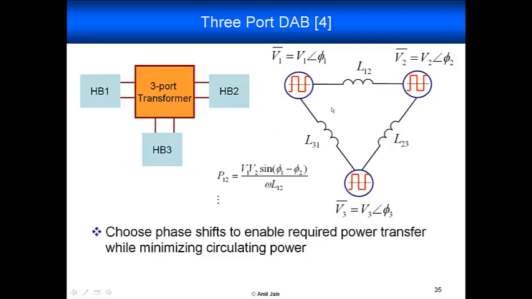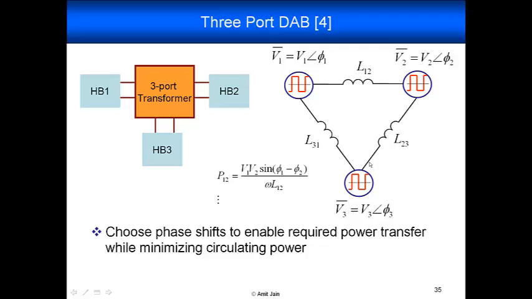Now the power flow in this system can be analyzed using just fundamental component analysis, and the challenge here is that we want to minimize circulating power flow. So if we want to transfer power from V1 to V2, then we don't want power to flow from first V1 to V3 and then V3 to V2. We'd rather have power flow directly from V1 to V2.